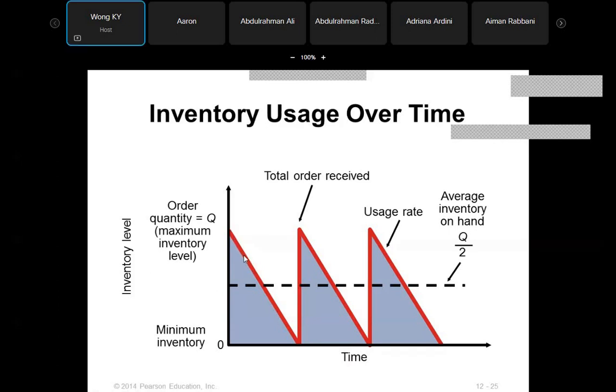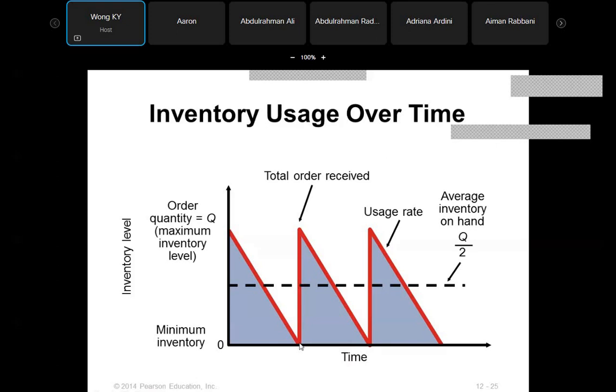The slope of this line is actually the usage rate. Later I'll explain more on this usage rate, but for the moment you just have to understand the slope of this line is the usage rate of the inventory. As time passes, the inventory level will decline until it reaches 0.